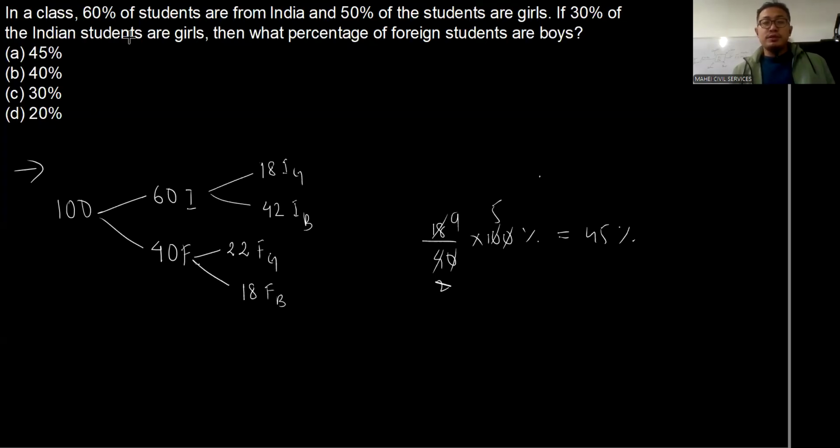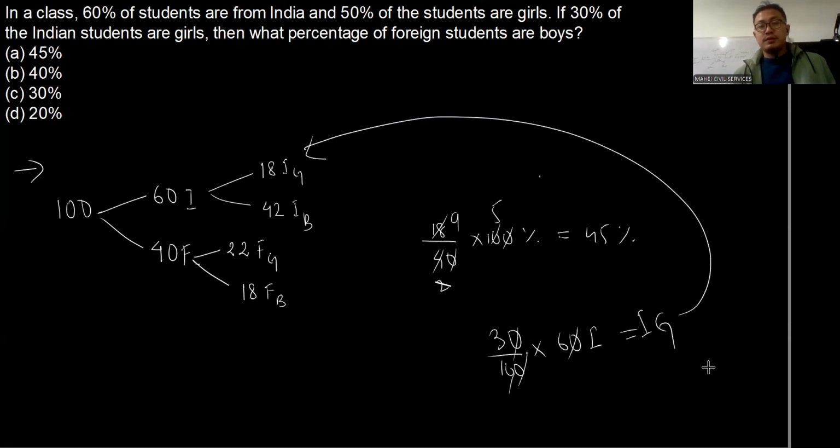If 30% of the Indian students are girls, out of these 60 Indians, 30% are girls. 30% of 60 Indians is 18. These are the Indian girls.